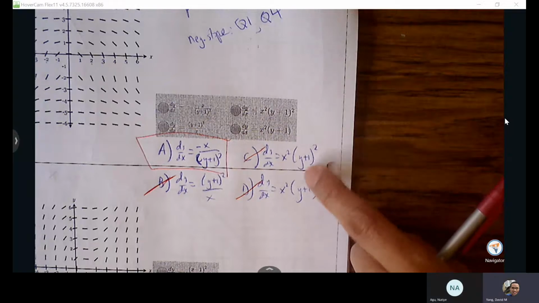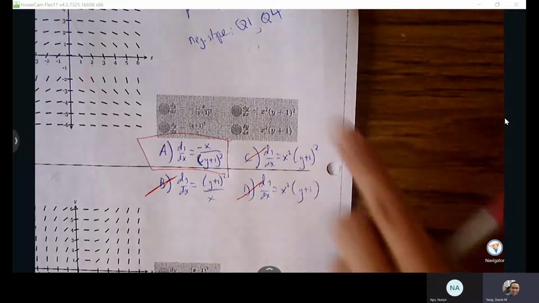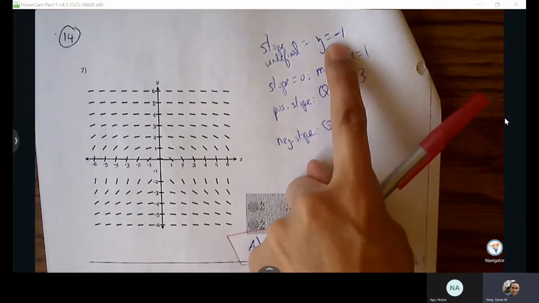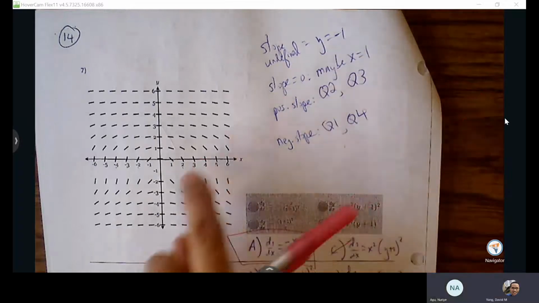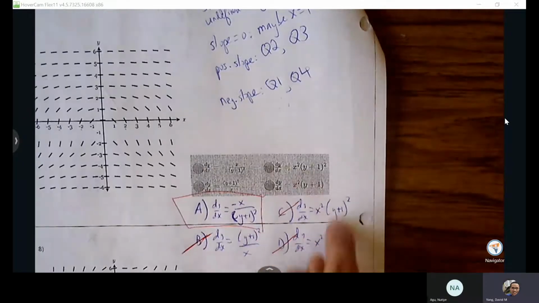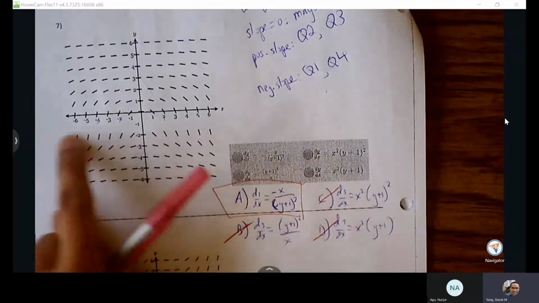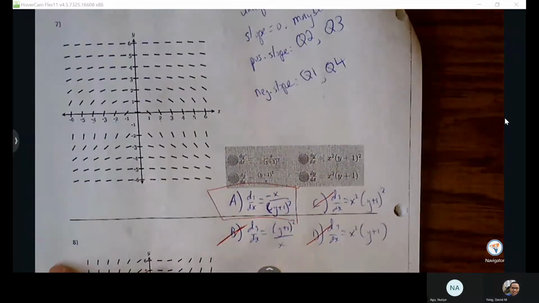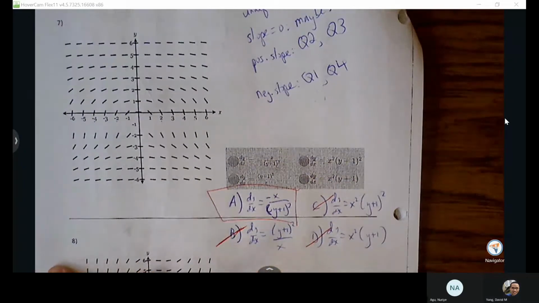No. There's nothing that can make these two undefined, but we clearly see an undefined slope at -1. So we know there's no way these graphs can produce this. Okay, I got it. That makes sense.